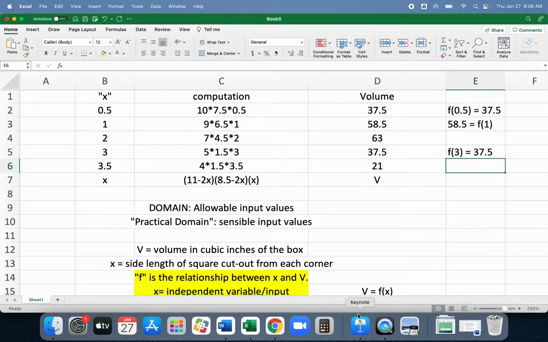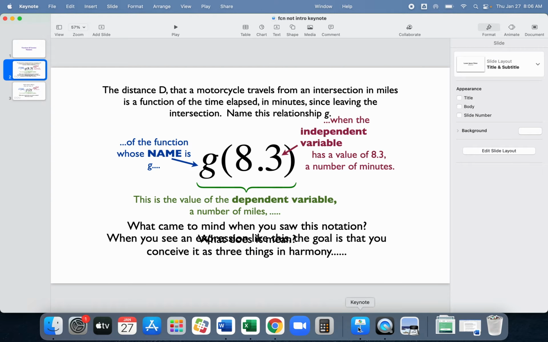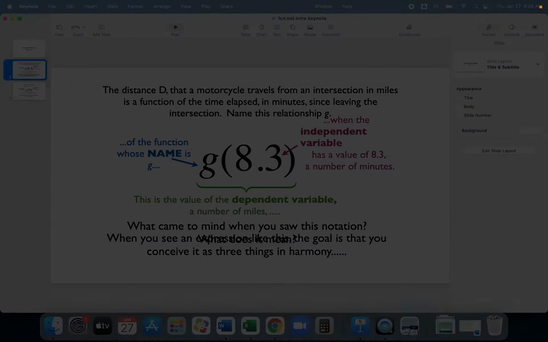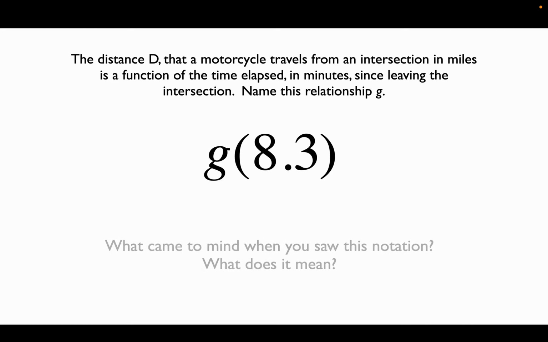All right, so let's go back to what we were talking about here. So this g of 8.3, based on, like I said, let's suppose that the input is the time and the output is the distance. Or in other words, d equals g of t. I guess it didn't even say t up there, just function of time.